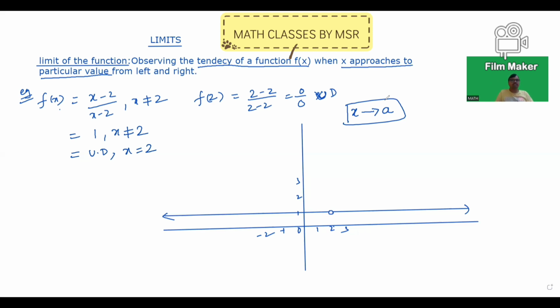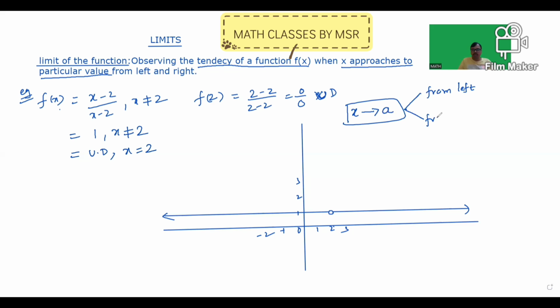What is approaching a? Approaching a from left, and approaching a from right. Approaching a from left, we usually represent as x tends to a minus.